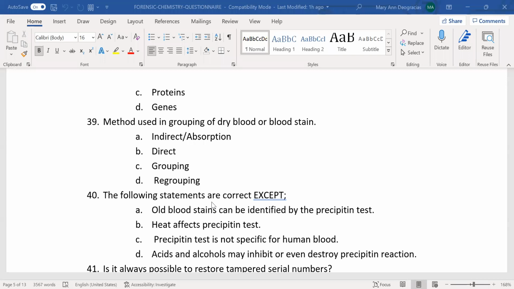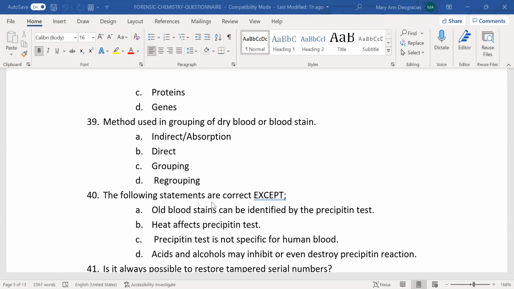So they have been ruptured due to drying. So we can no longer use the red blood cells. So instead, what is to be grouped is the serum. Kaya meron na tayong known A cells plus anti-A. Known B cells plus anti-B. So ang ginugroup natin dyan, yung serum na. Direct sa red blood cells yan.